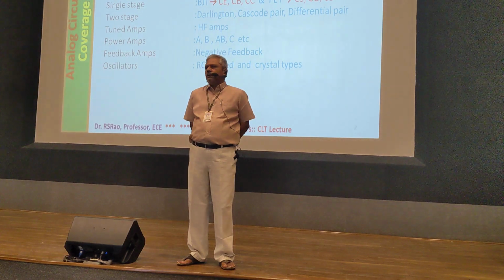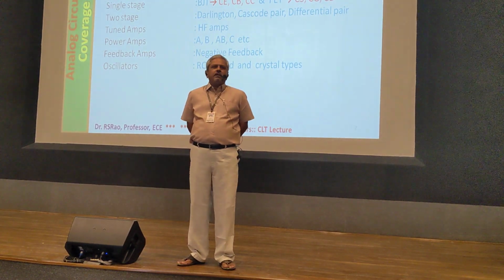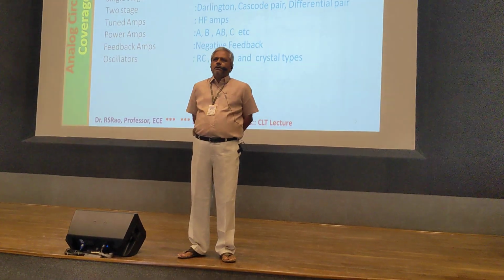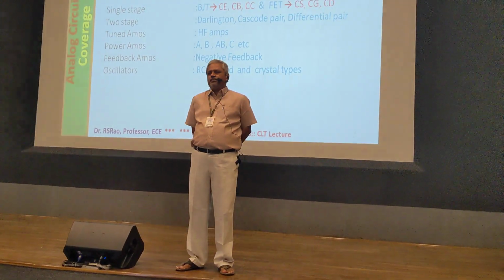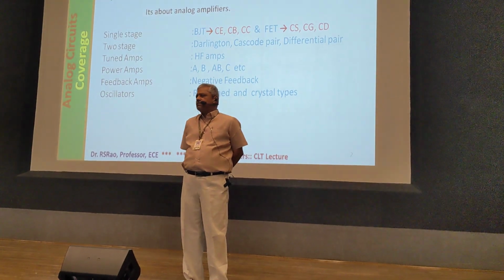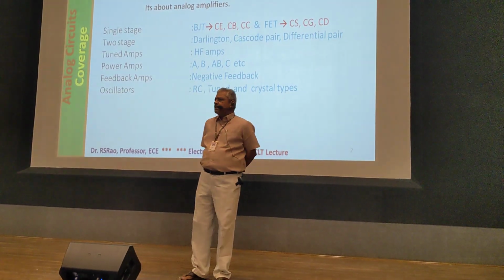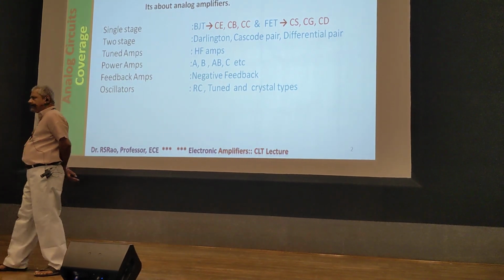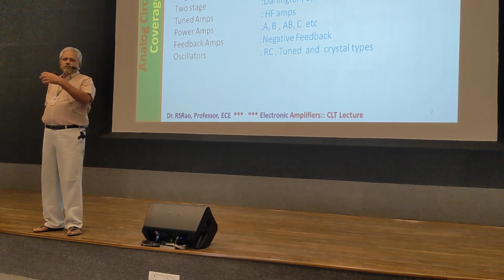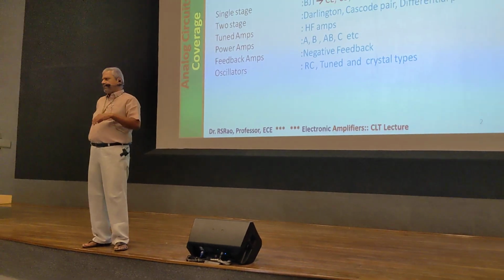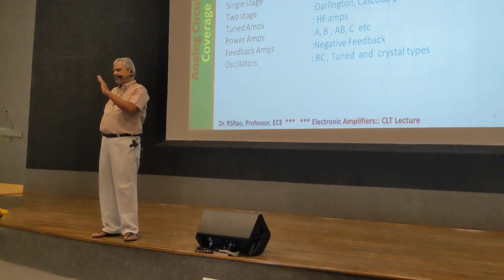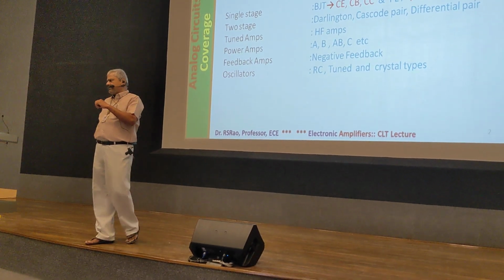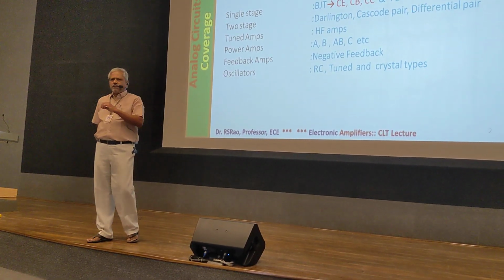Apart from gain stabilization, feedback can also be used to reduce noise. Noise reduction is possible. Several other aspects. It is possible to adjust impedance levels at input and output. For example, CB. You all know the CB configuration, it's a voltage amplifier. It provides you voltage gain. Its current gain is nearly 1, less than 1. So CB is a voltage amplifier.